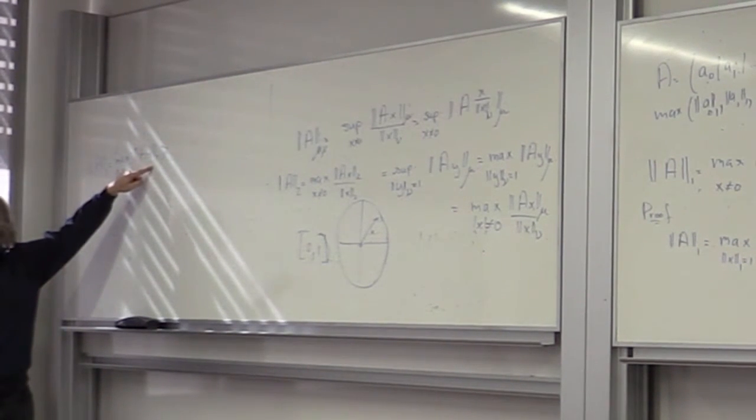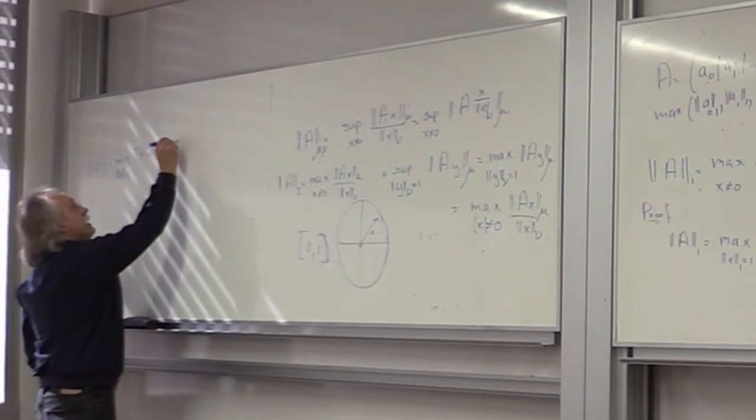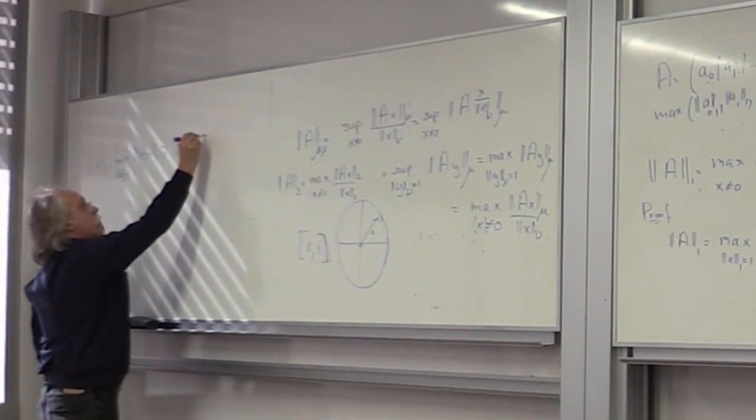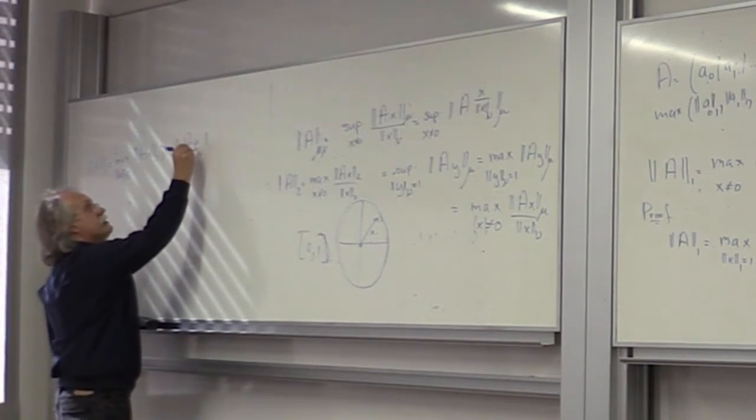You're putting in a specific vector, which then of course is bounded by the maximum. So you know that that's greater than or equal to some magic vector that you want to put in there. Well, somehow you want to pick out that column that actually has the maximal 1 norm. How do you do that? You do that with a vector that's a standard basis vector. So what you say is this right here.